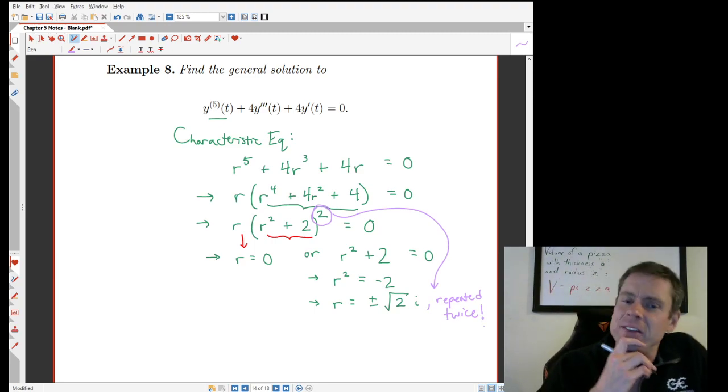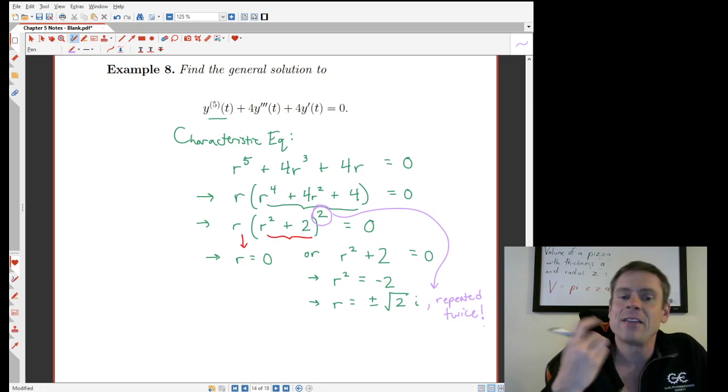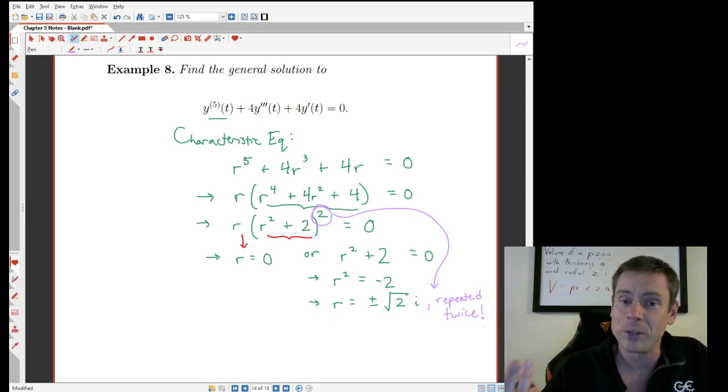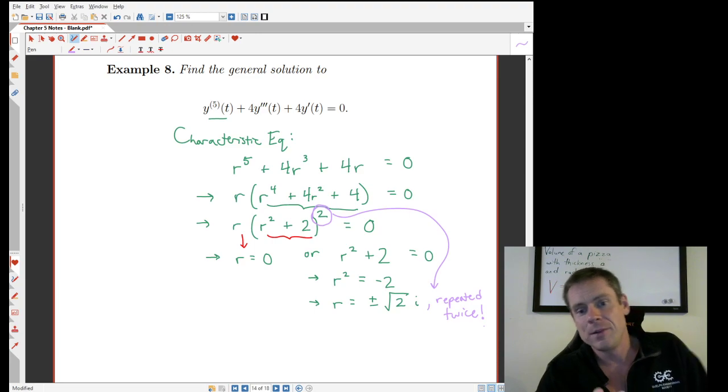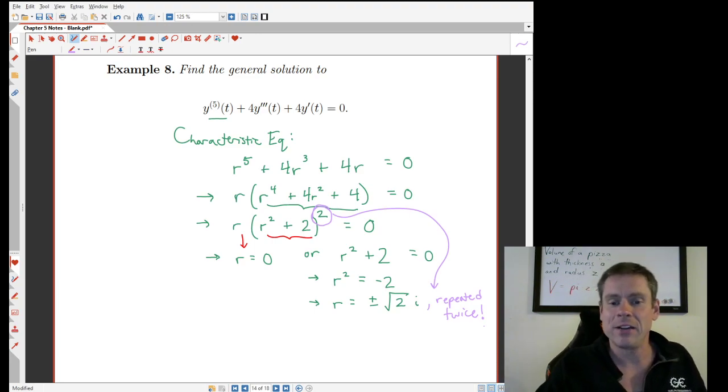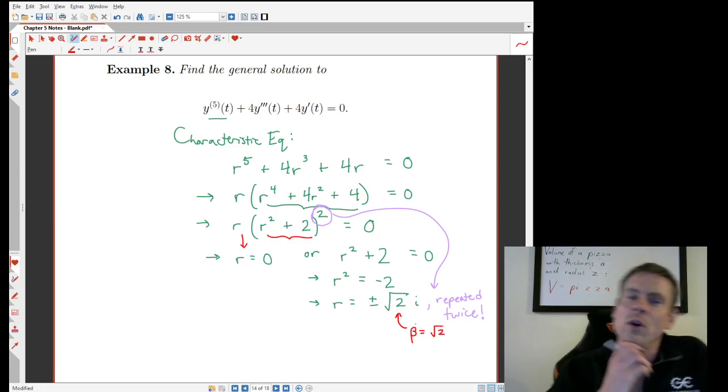Let's see here. There's something else about this root that's really interesting. As a complex root, I need to be able to find its real part and its imaginary part. I can see its imaginary part. It's a root 2 that's in front of the i. So it looks like the beta is equal to root 2. What's the alpha?